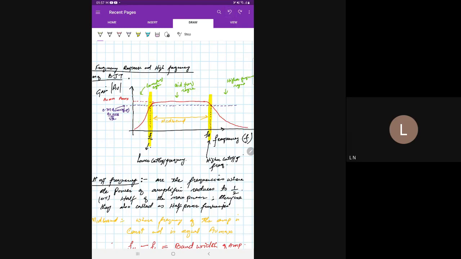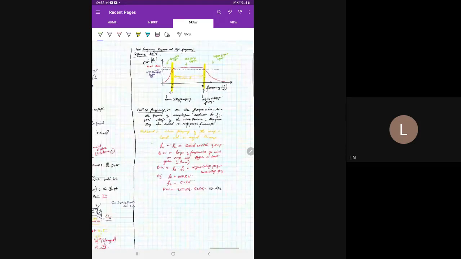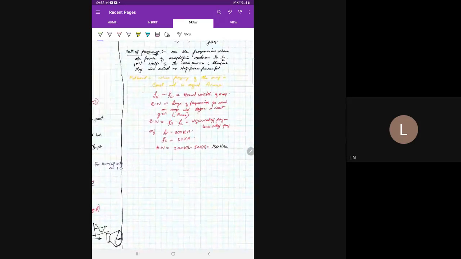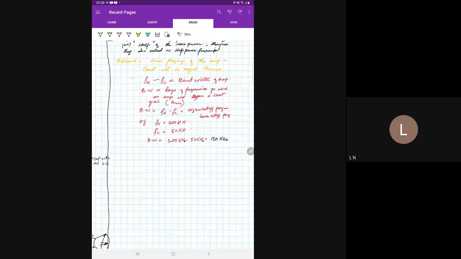Now see, the gain in the lower frequency region decreases because of the coupling capacitors. We have seen in our amplifier, say for example, a BJT amplifier with fixed bias, something like this.